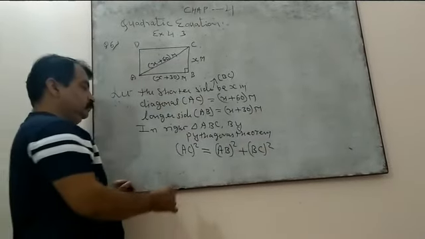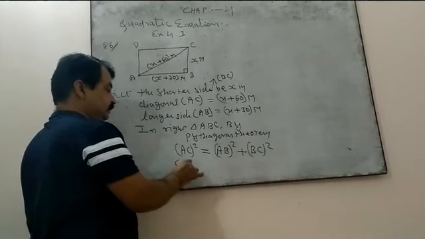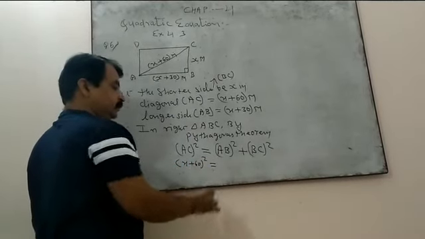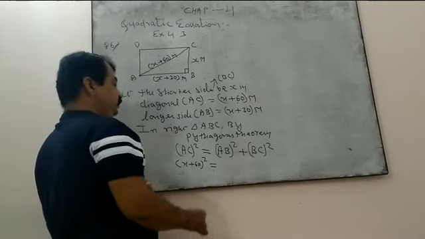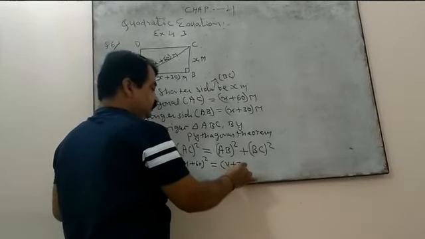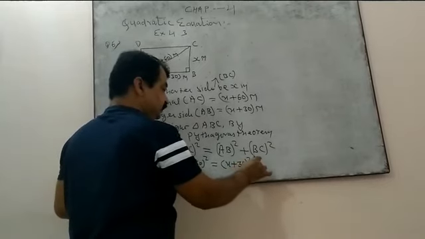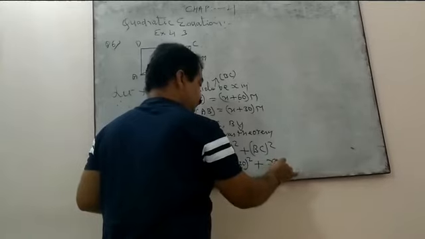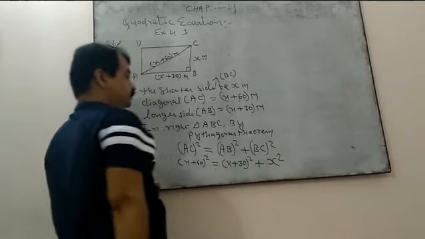Now we put the values. What is AC here? x plus 60. So I will write x plus 60. AB according to the figure we got x plus 30. So I will write here x plus 30 whole square. And BC we assumed is the shorter side x.